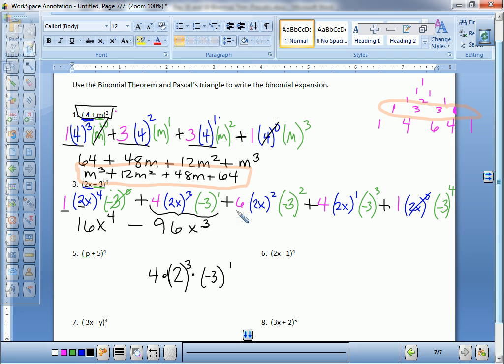All right, now let's do the next one. Let's see what kind of calculations we have this time. We have a 6, we have a 2 squared, and a -3 squared. So punch this in. 6 times 2 squared times -3 squared. Now, when you're raising a negative number to a power, make sure you put it in parentheses. I got 216, but I'm not using it.